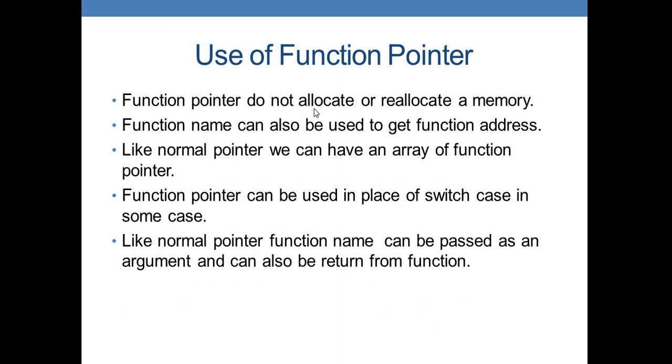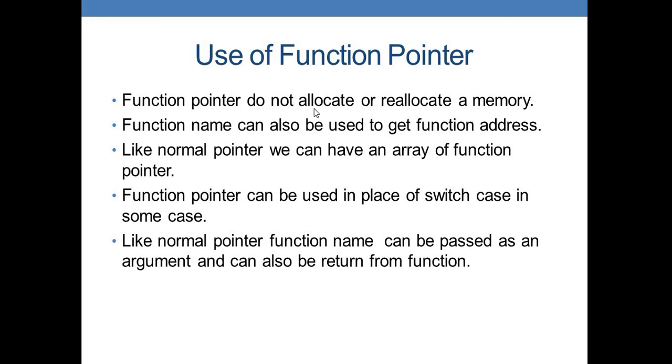A function pointer does not allocate or reallocate memory. A function pointer can also be used to get the function address. Like a normal pointer, we can have an array of function pointers. A function pointer can be used in place of switch case in some cases, not in every case.